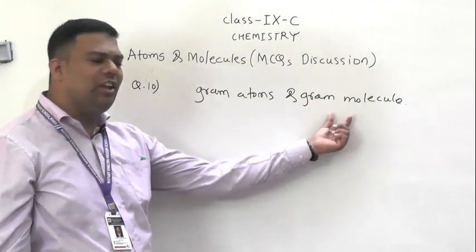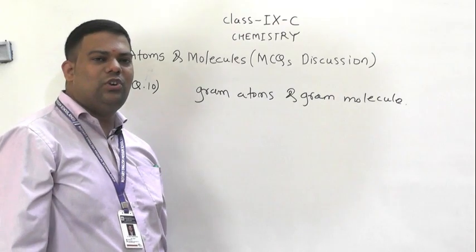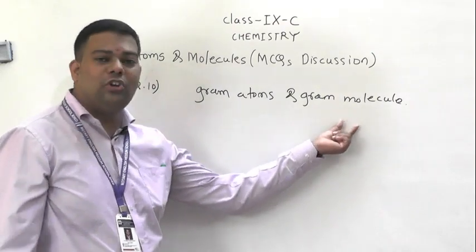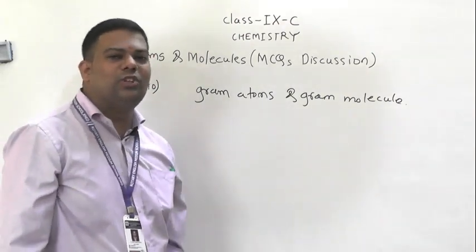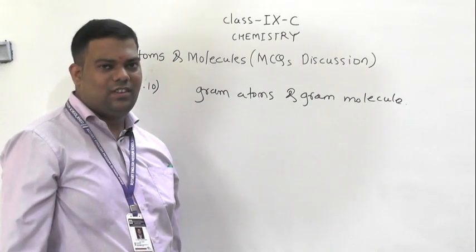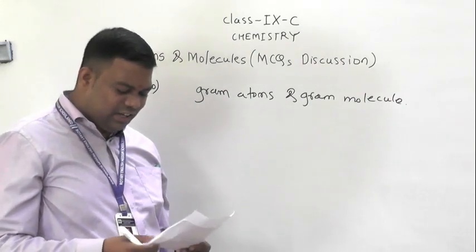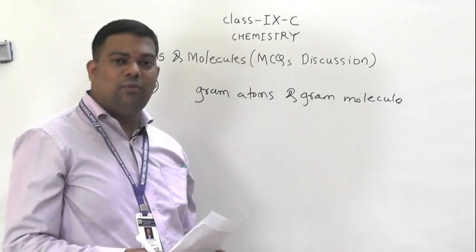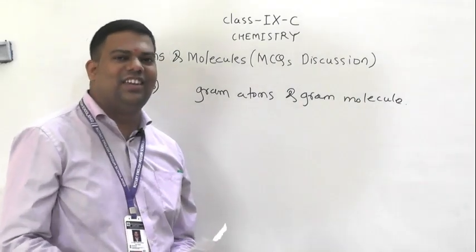And for gram molecules, you must know the molecular mass of that substance. Understood? They already gave 12.4 gram of phosphorus.